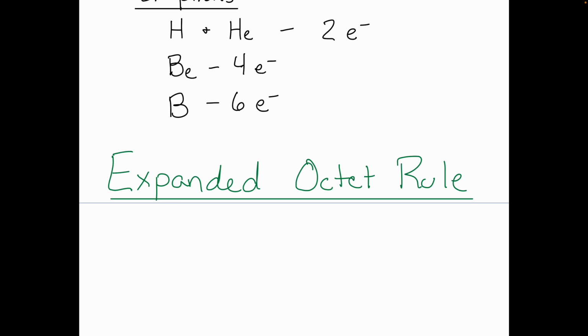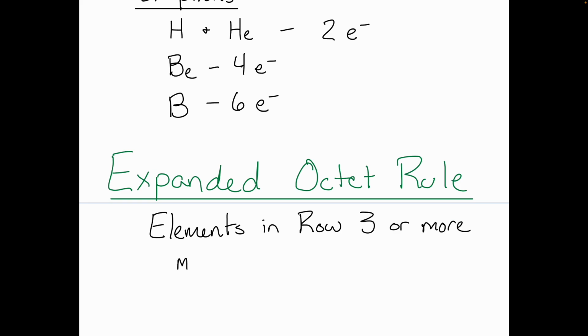You're only going to see this for elements that live in rows 3 and below. So our expanded octet rule is that elements in row 3 or more may have 10 valence electrons or 12 valence electrons. They don't have to. They may have 10 or 12.